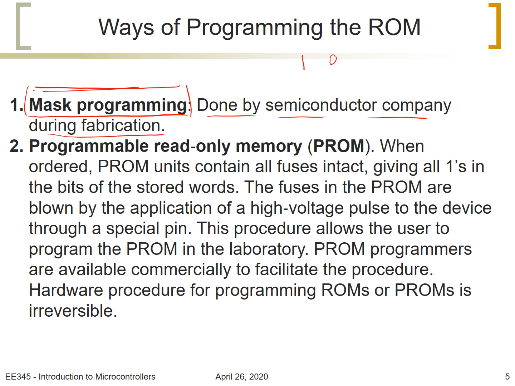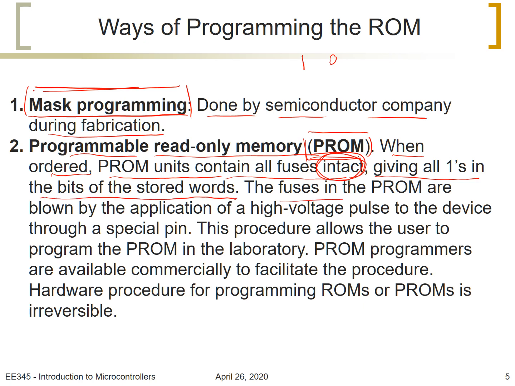The second way is called programmable read-only memory. So this is different, and the abbreviation is PROM, which is a very popular, very famous abbreviation actually. In the PROM, when it's ordered, the unit contains all fuses intact, so all fuses are connected, giving ones in all the bits of the stored word.